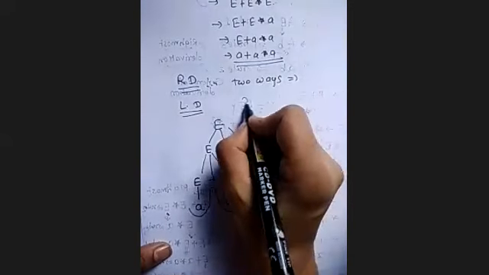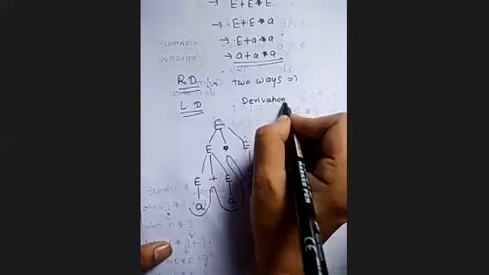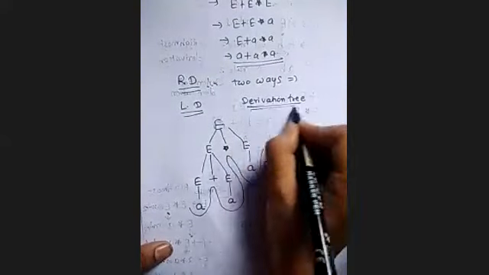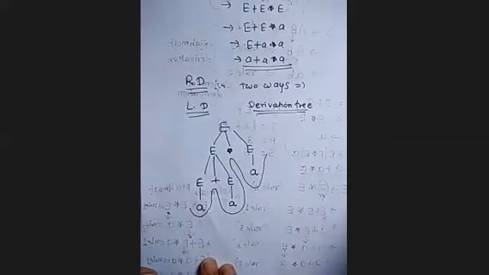So write the definition of derivation tree, all of you. Derivation tree, note down, is a graphical representation or description of how the sentence or string has been derived or generated using a grammar.